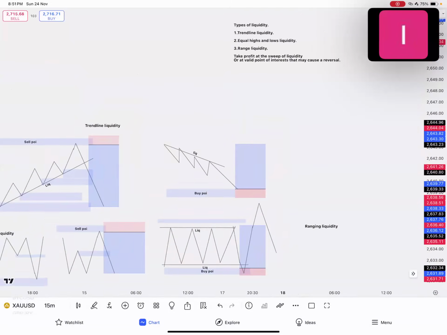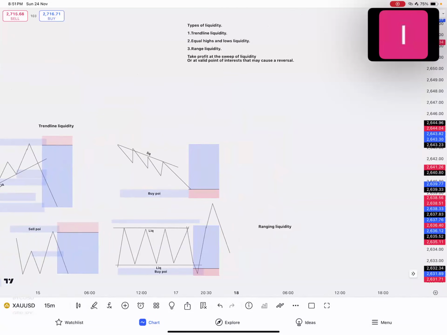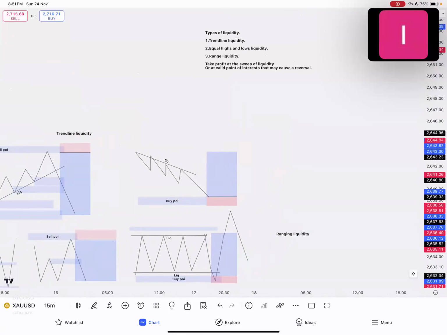So these are the types of liquidity. We have the trend line liquidity, equal highs and lows liquidity, range liquidity. These are the types of liquidity that we have.